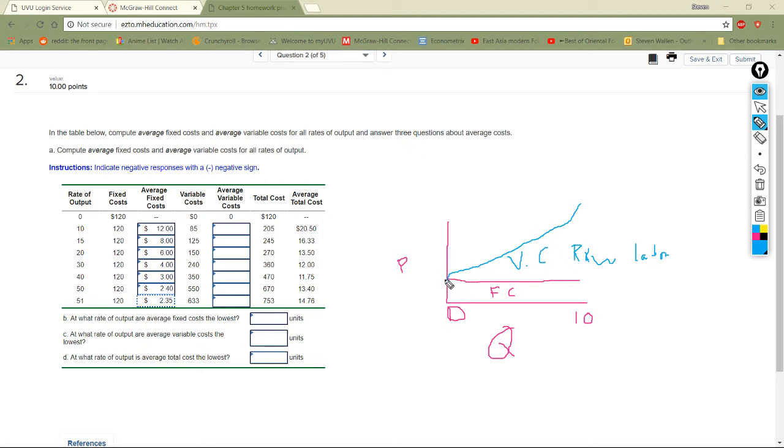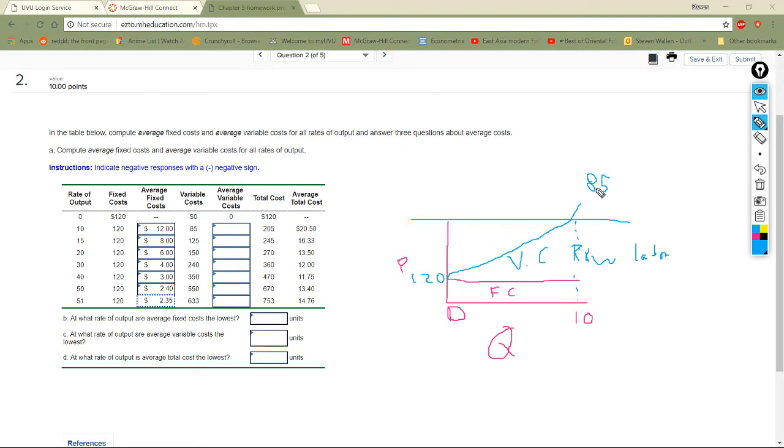Those are variable. So right here, when variable and fixed costs meet, it's going to be 0. You're going to have 0 variable costs. But as you produce more units, like say you're producing 10 units here, your variable costs are going to go up. In fact, if you're producing 10 units here, what do we see? Rate of output 10, variable cost 85, okay, 85 here. And then at 10, my fixed costs are 120, which means right here, if I was to do a line that goes right here, it hits about at the 10 mark.